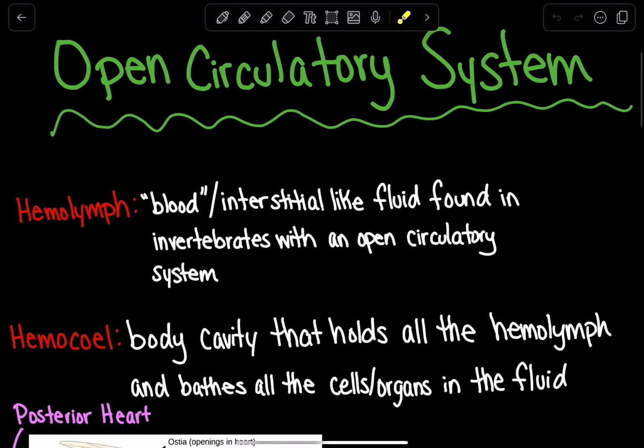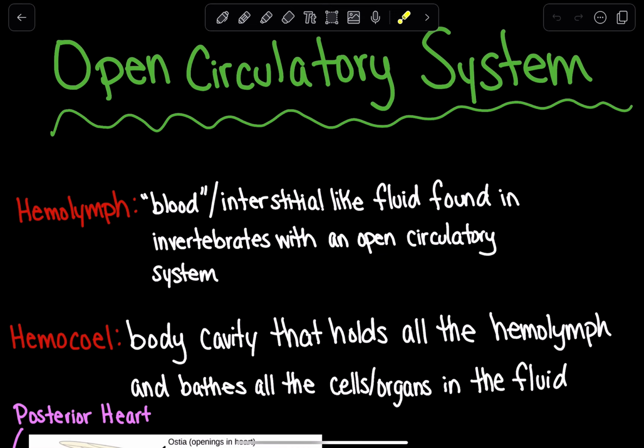So instead of having blood or interstitial fluid, organisms that have an open circulatory system instead have another different fluid that is called hemolymph. Now, hemolymph is actually a fluid that has characteristics of both blood and interstitial fluid, and it is found in invertebrates with an open circulatory system.